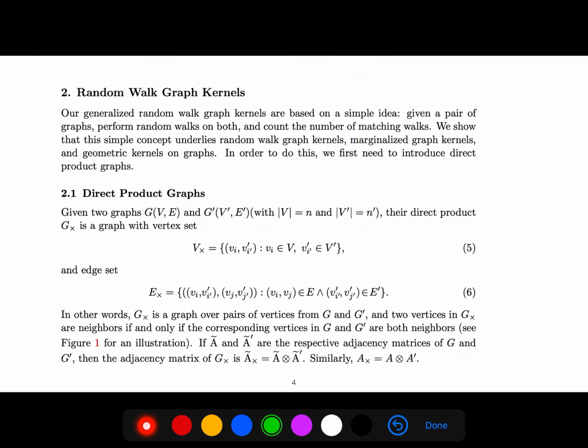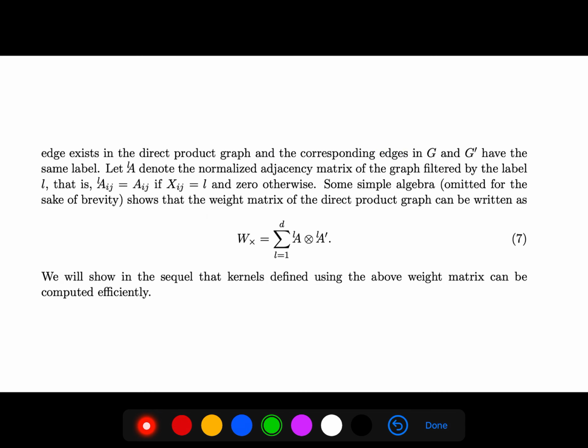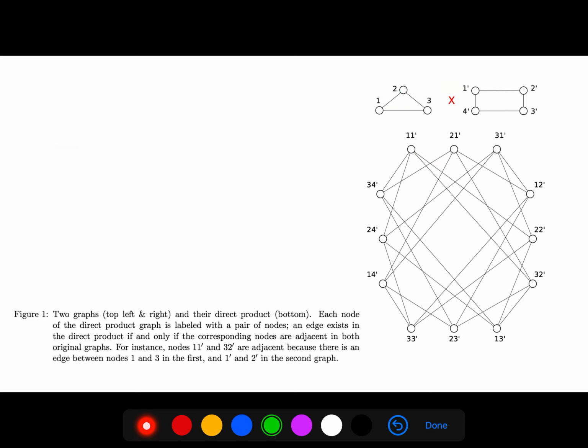And so this is a direct product graph, because you can create your graph kernel using this dot product between two graphs, G and G prime. So this is a product between two graphs, G1 and G2.